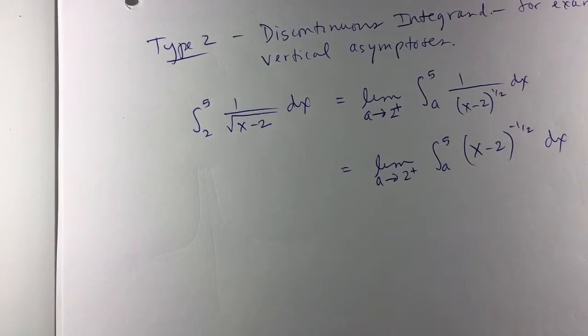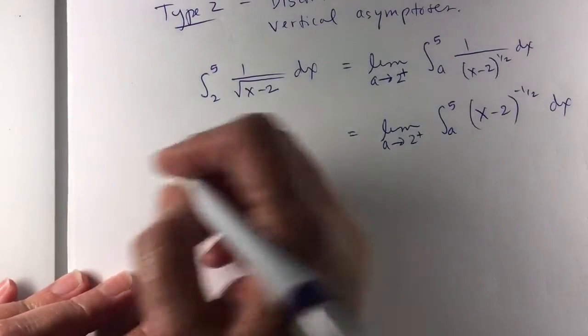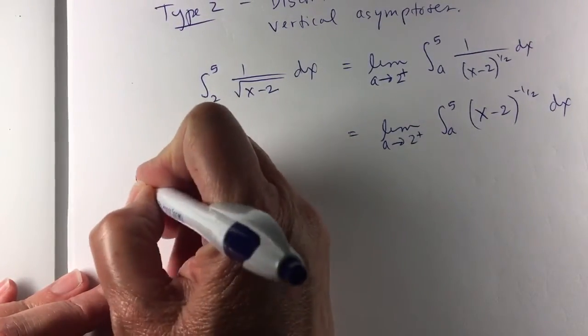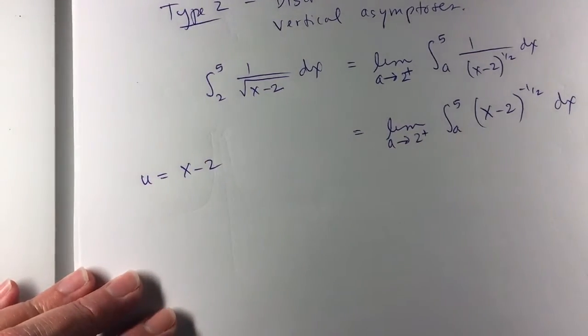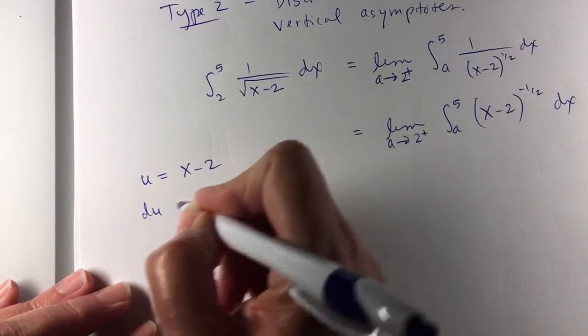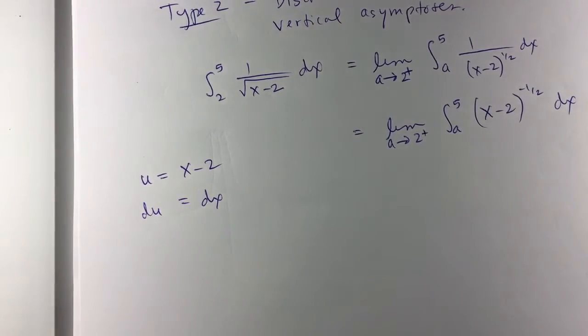And if you can do this without showing the formal U substitution, that's fine. If you show the formal U substitution, I'll show that. U equals x minus 2. So what is du? It's dx. Derivative of x minus 2 is dx.